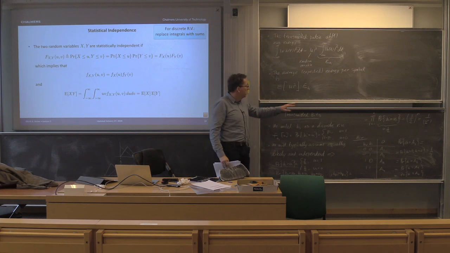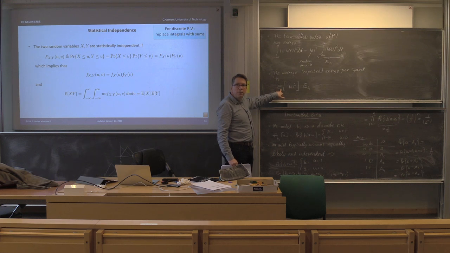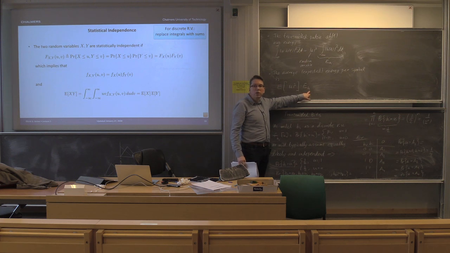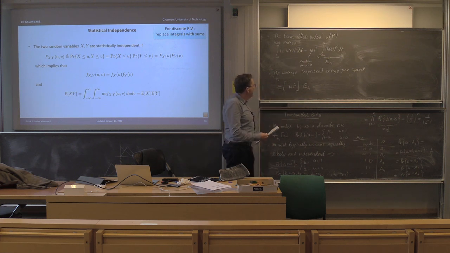Now, there is a little bit of confusion: this E here has nothing to do with energy. It's the expected value operator. This is the energy of the pulse h. And to make everything worse here, we will call this the energy per symbol, E_s.